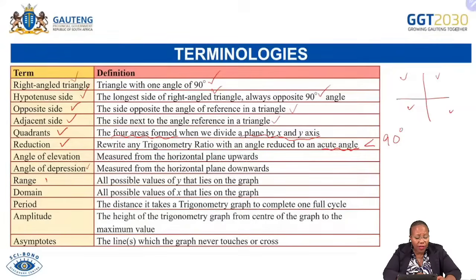And then the range is all possible values of y that lie on the graph, the domain is all possible values of x that lie on the graph. The period is the distance taken by a trig graph to complete one full cycle. And amplitude is the height of a trig function from the center of the graph to the maximum of the graph. And an asymptote is the line which the graph never touches or crosses.